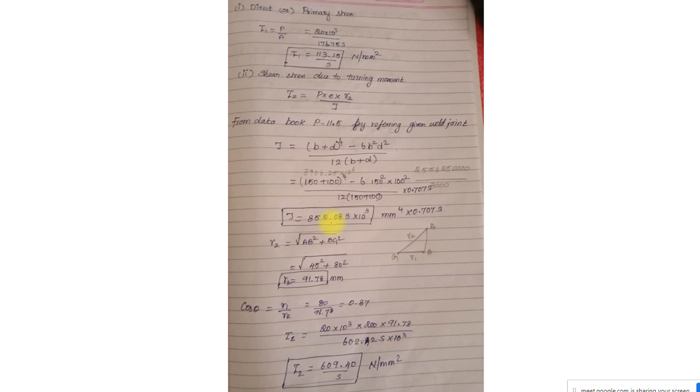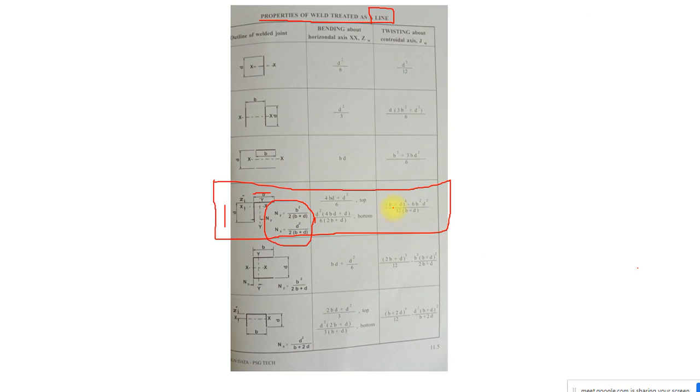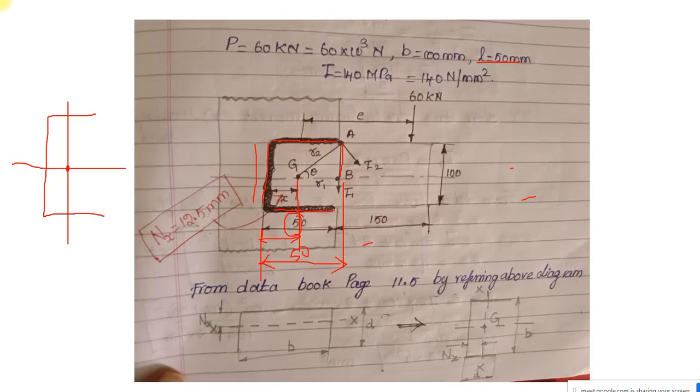To find out the second one, the stress due to turning moment, I know the P value, I know the E value, and I need R2 and J. For J, this formula can be taken from our data book. You can go back to page number 11.5 in our data book. For the same condition, you can see the formula here. The formula for J, the polar moment of inertia, is available here.